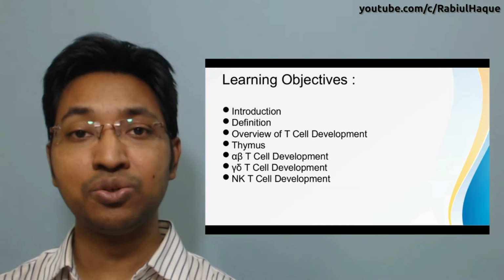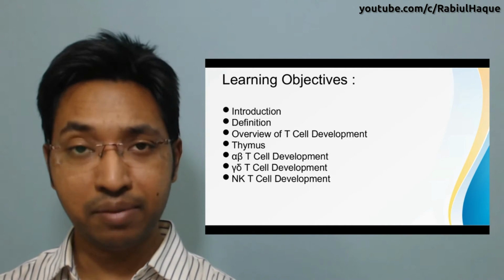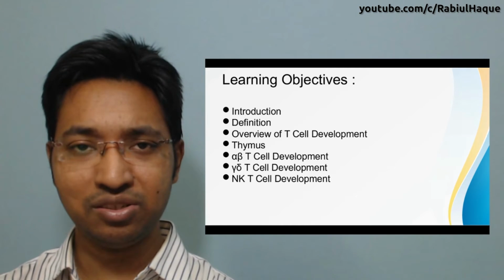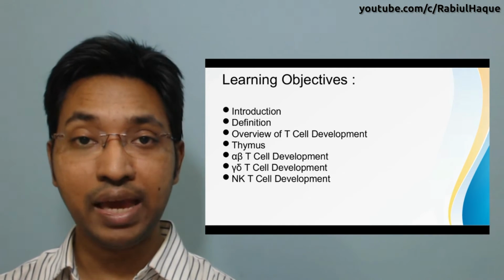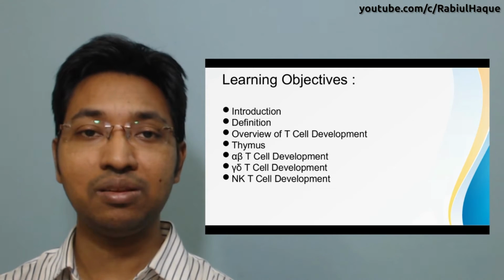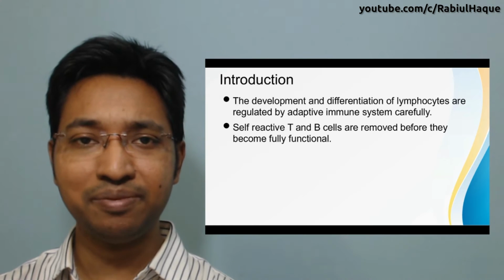Then we will also talk about alpha-beta T-cell development, gamma-delta T-cell development, and we will finish our discussion today by talking about NK T-cell or natural killer T-cell development. Okay, a lot of topics, so let's begin.